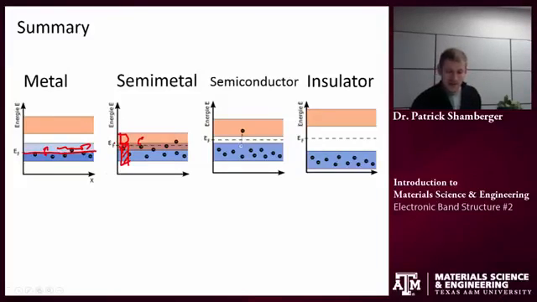So again, it's easy to excite electrons and to get them to travel around. Semiconductors, we have this band gap. Electrons need to be excited over the band gap, and then they can travel around. They can conduct. Insulators, that band gap is large enough that I essentially have very, very few free conductors. And so the result is that I don't have very much electrical conduction.